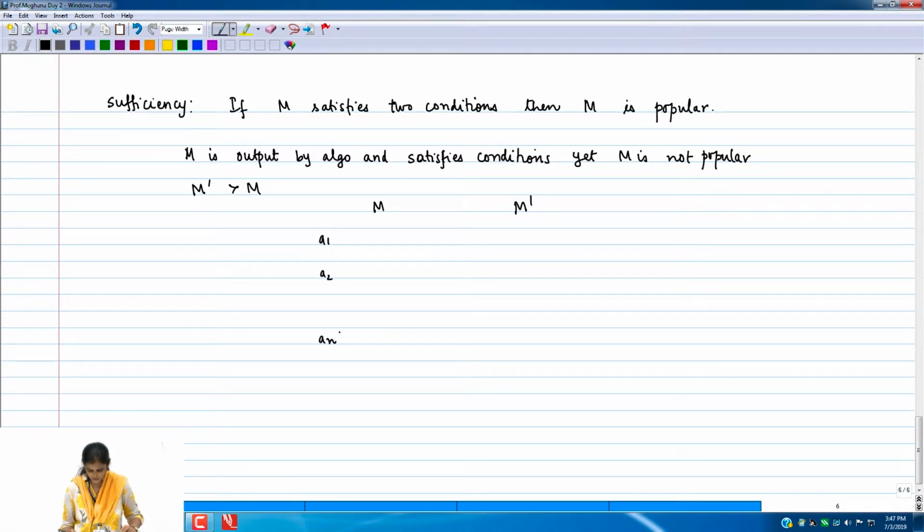So in particular, there must exist an applicant AI who votes for M prime. If all applicants vote for M, there cannot be the case that the matching M prime wins. So this AI must have voted in favor of M prime. So we ask, what did this matching M, the matching output by our algorithm which satisfies the conditions, do with AI? We do not know anything about M prime. M prime may look completely different from the conditions of the lemma. We have no handle on M prime.